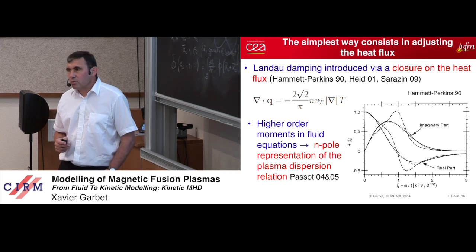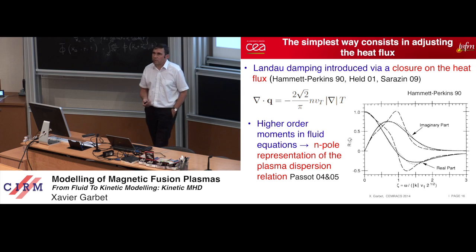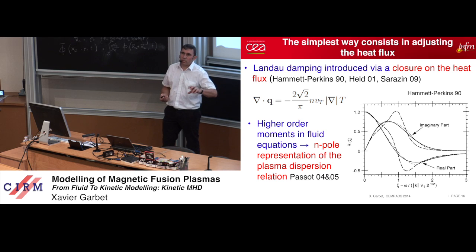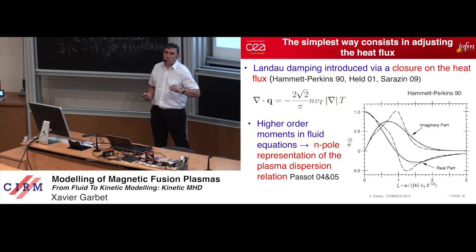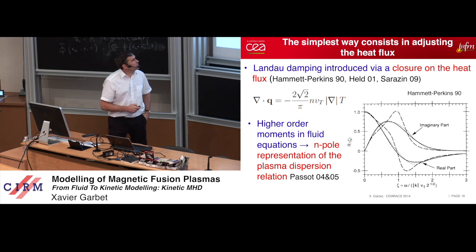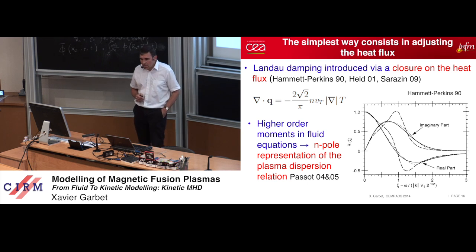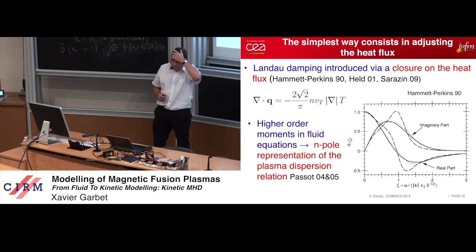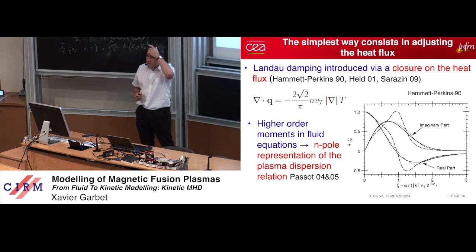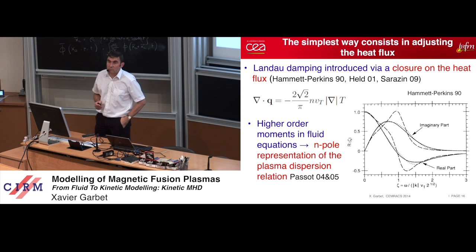Now, if you go to the next moment, that is, instead of stopping at the third moment, you move to the fourth order, then you get something even better, which is this line here and the small dashed curve here, right? The most advanced work in that spirit that I know about is the one by Passot again in 2004, 2005. But as you will see, it's extremely intricate.